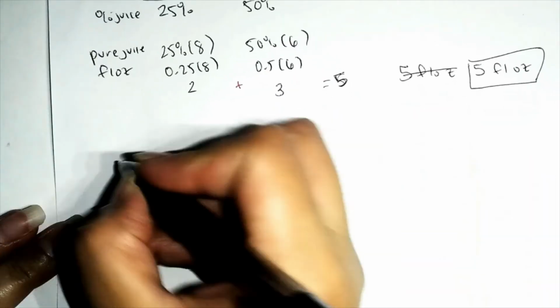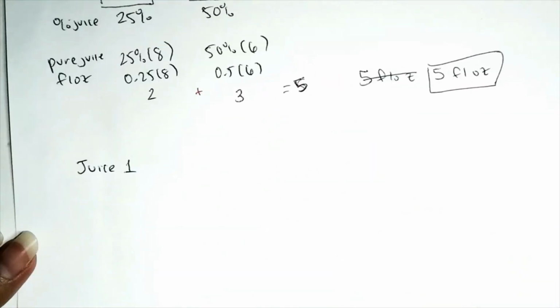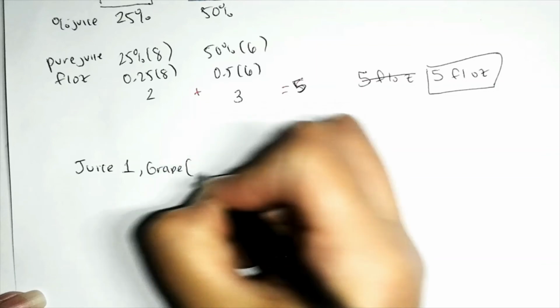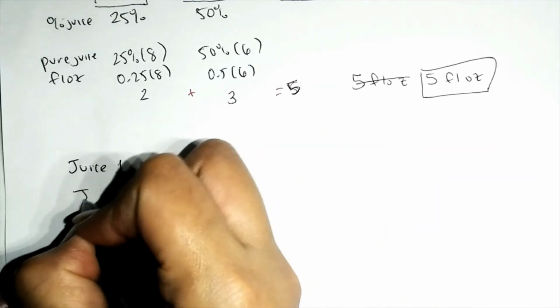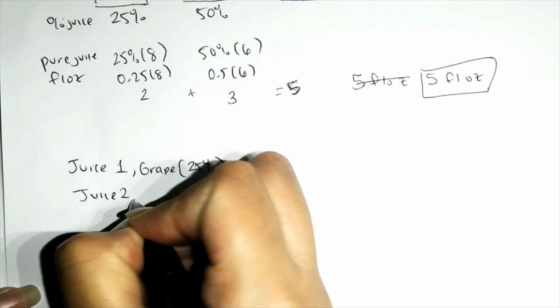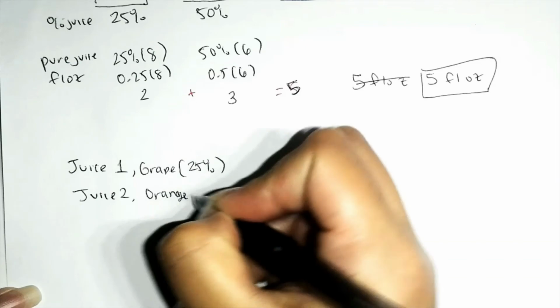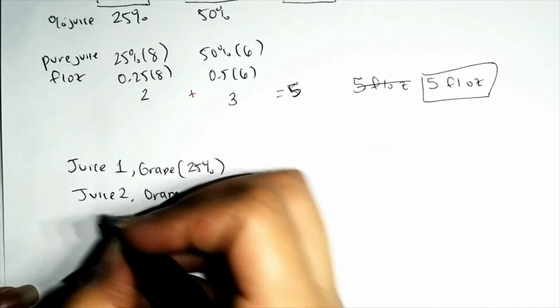Juice 1 is grape, and the strength is 25% juice. Juice 1 plus juice 2 equals the mix. Juice 2 is the orange, and that's 50% juice.